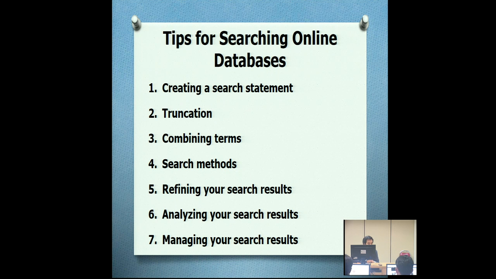The first one, you have to create a search statement. Search statement means what topic you are going to look for. I will show you a sample of a search statement. Then you have to know the truncation symbol.